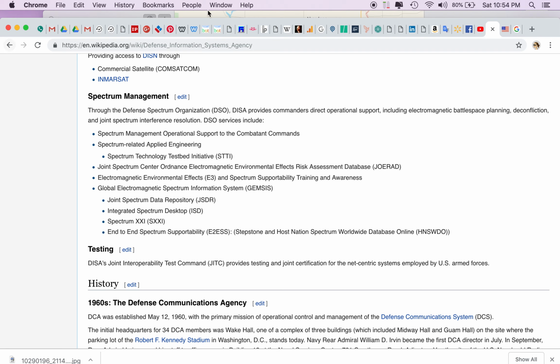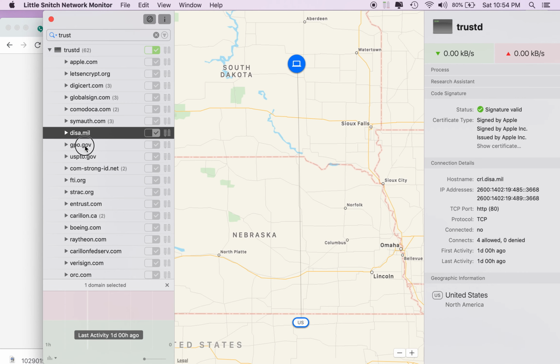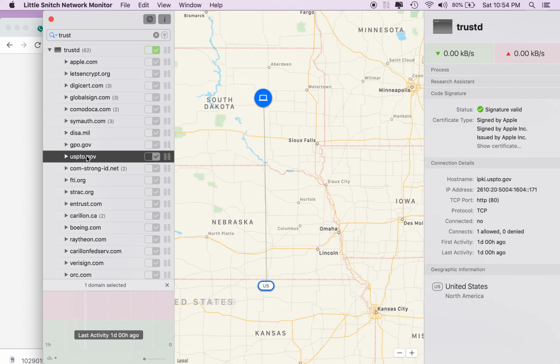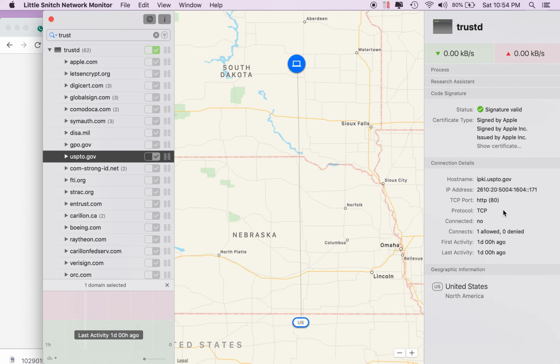Okay. So then we'll go into gpo.gov, and GPO, I looked these up. This right here is the patent office, and they also at the same time put this on last night. And the patent office has to do with the death pool betting.